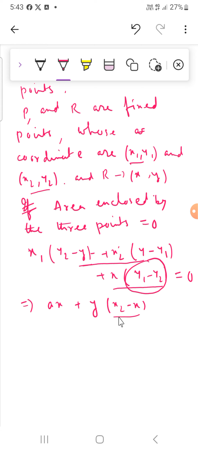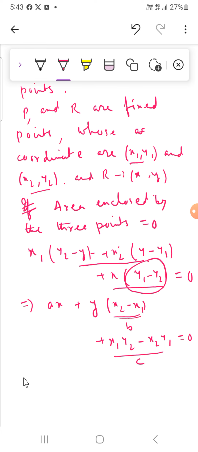We take this as b, and the third one, x1 y2 minus x2 y1, is equal to 0. We take this as c.